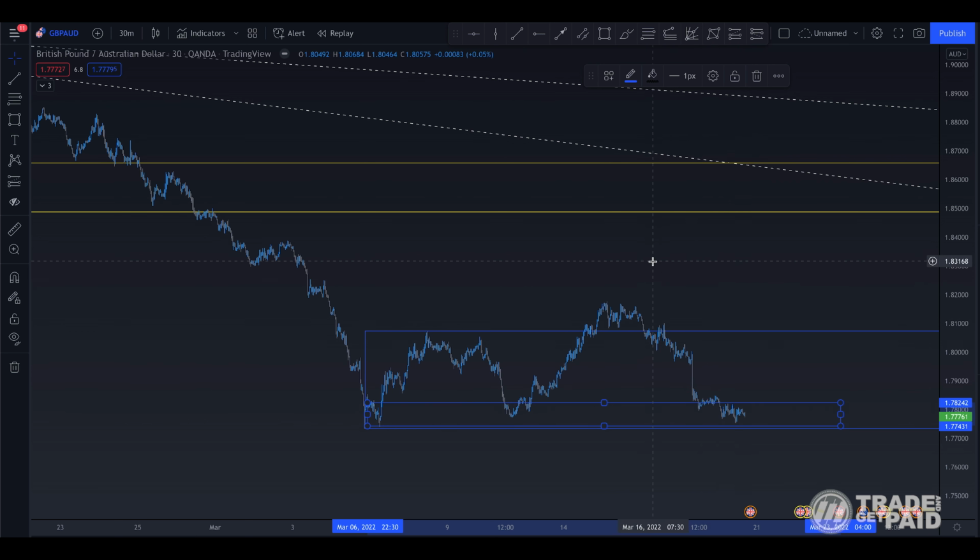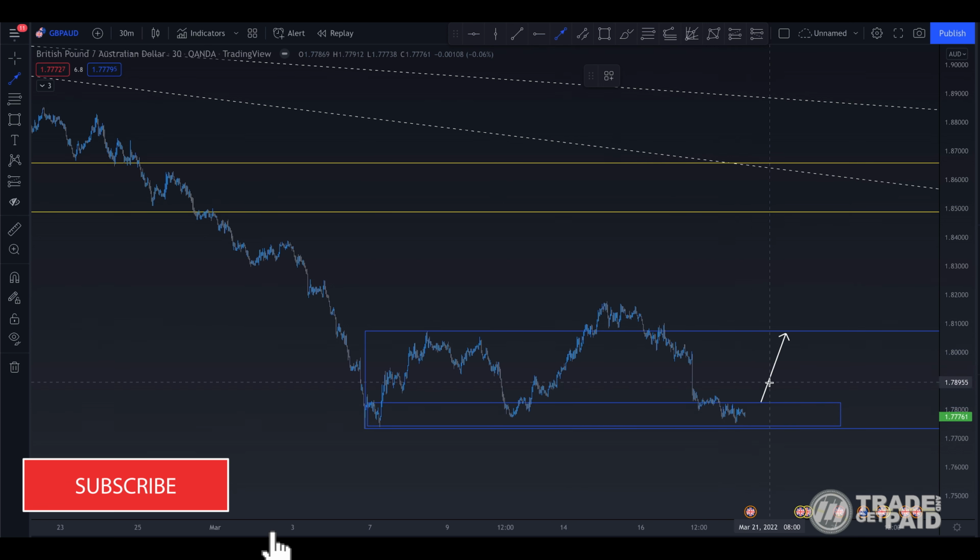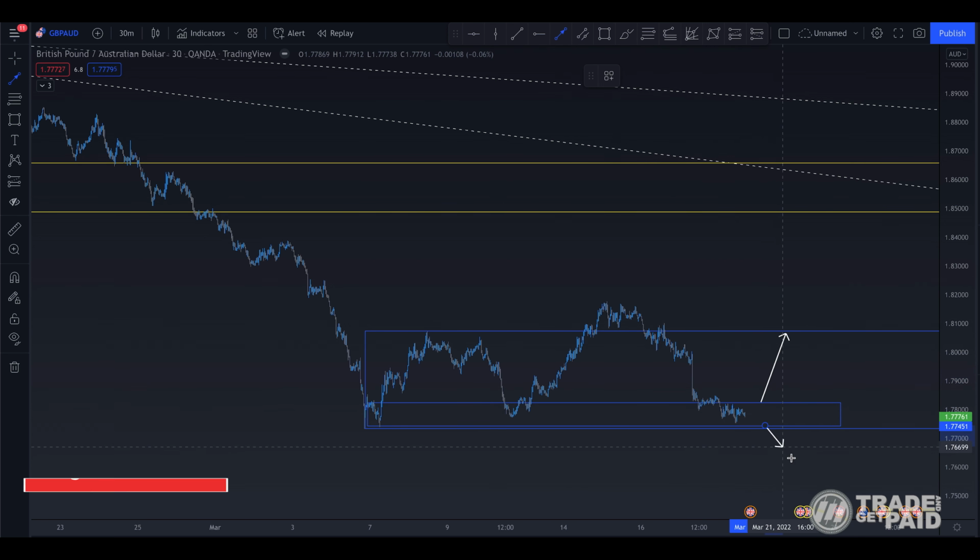So we don't necessarily have to wait until it breaks up here and take it all the way up here. We could take a trade as it breaks out of this bottom zone right here and take it to the top. And if it breaks out of the box to the downside, then obviously we'd be looking for it to break out of the bigger box to the downside as well. Either way, we're happy there.